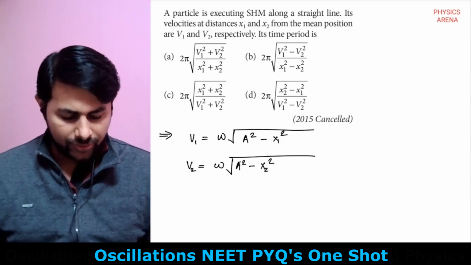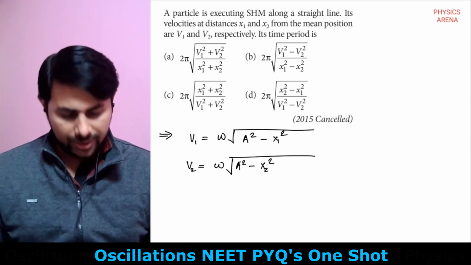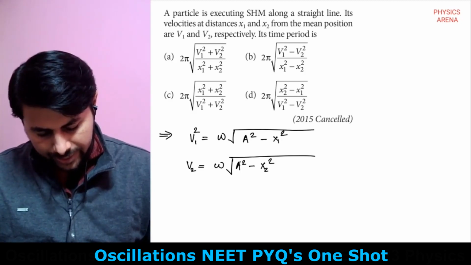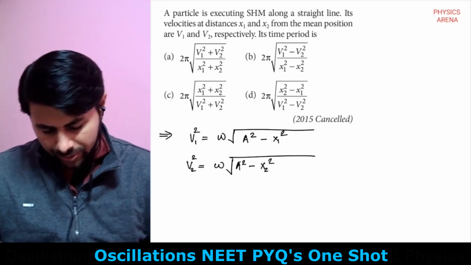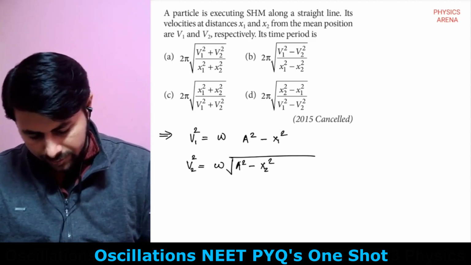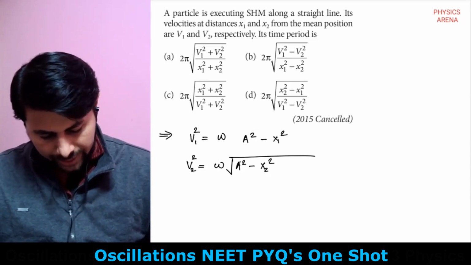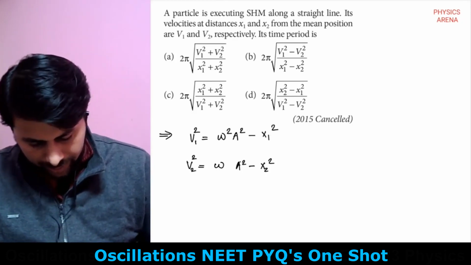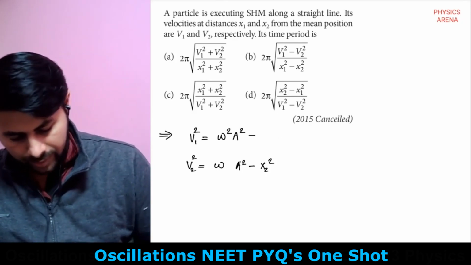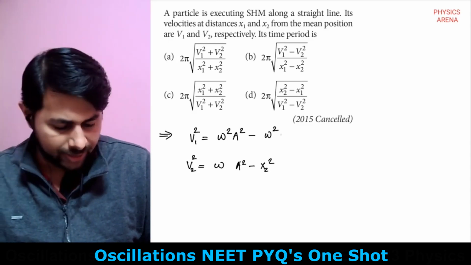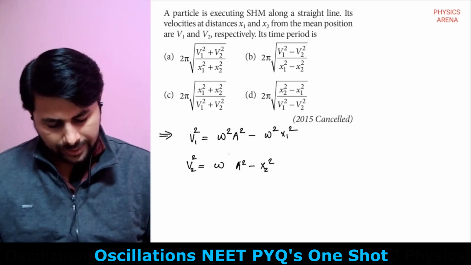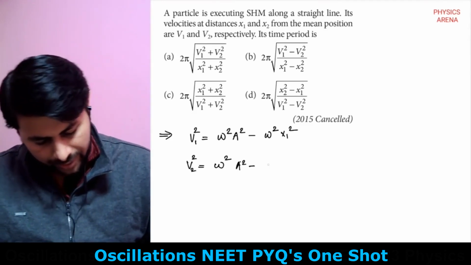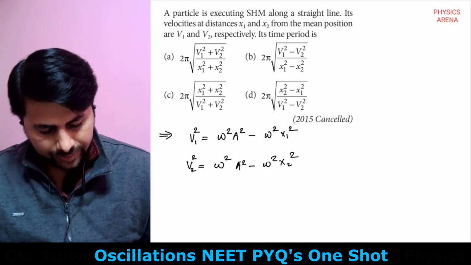Then what can we do? So we can square them. Squaring them we get v1 square equals omega square times a square minus x1 square, that is omega square a square minus omega square x1 square, and v2 square equals omega square a square minus omega square x2 square.